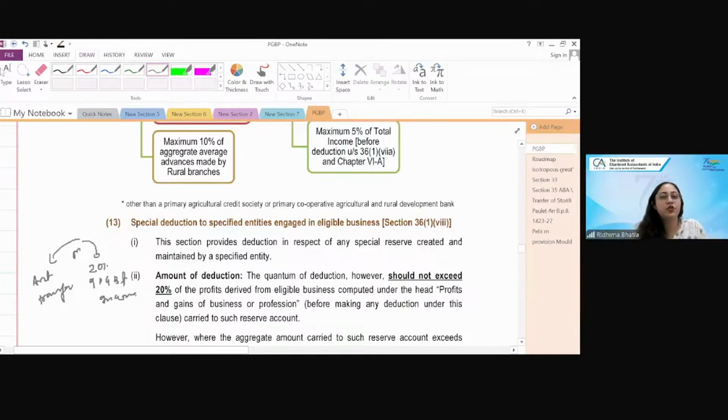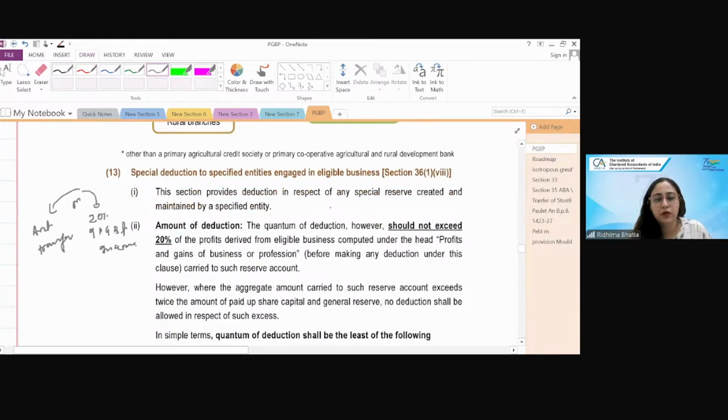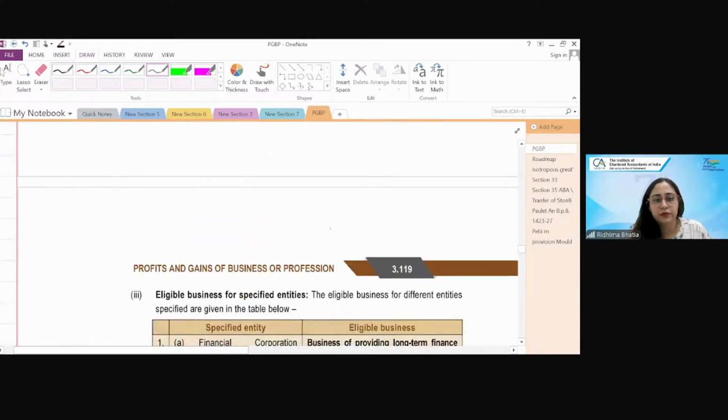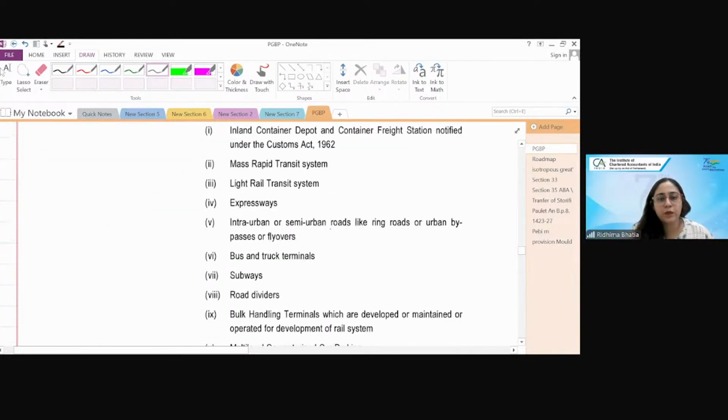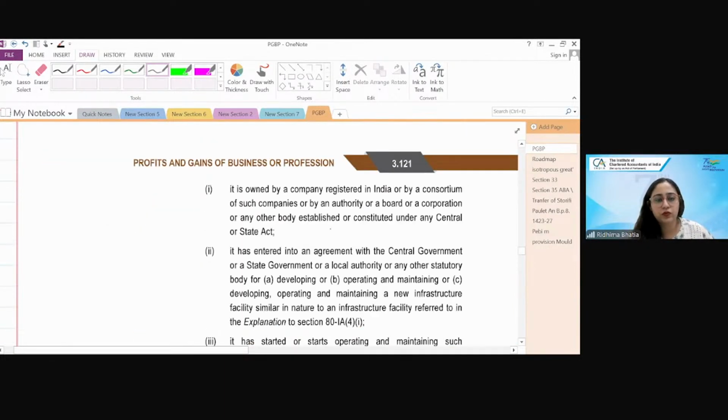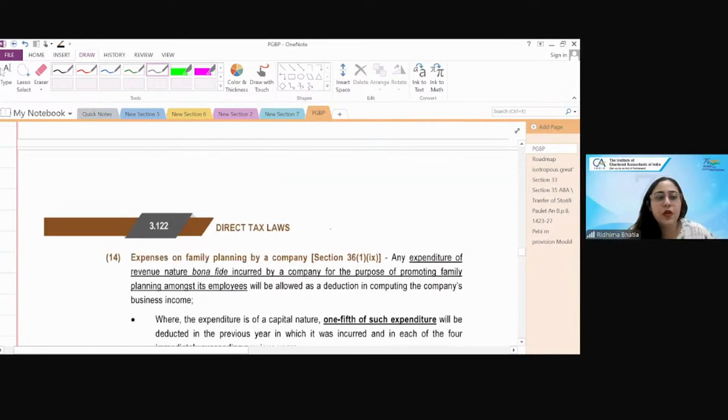This is an additional point which you can note down. And whenever you withdraw an amount from it, that would be treated as income. Simple.